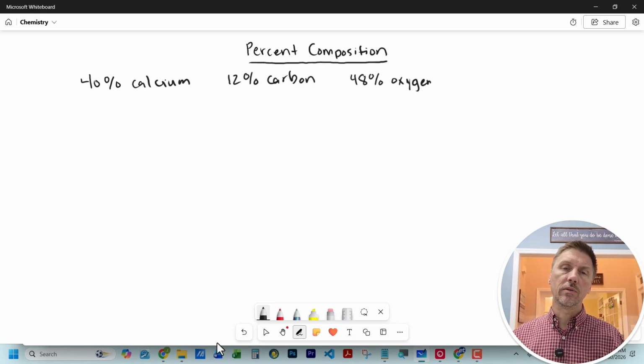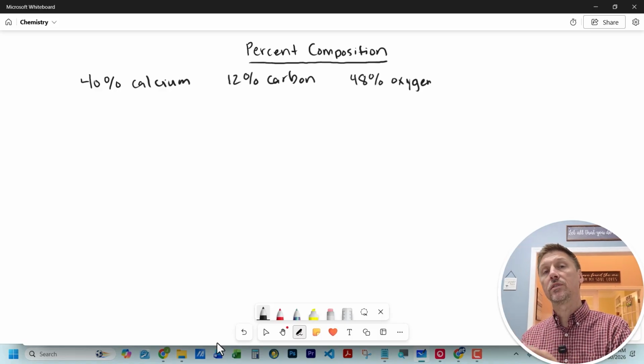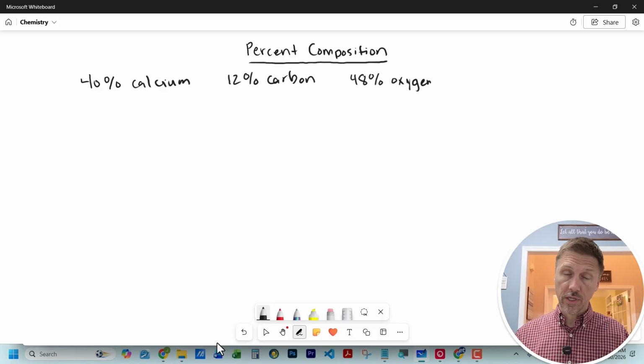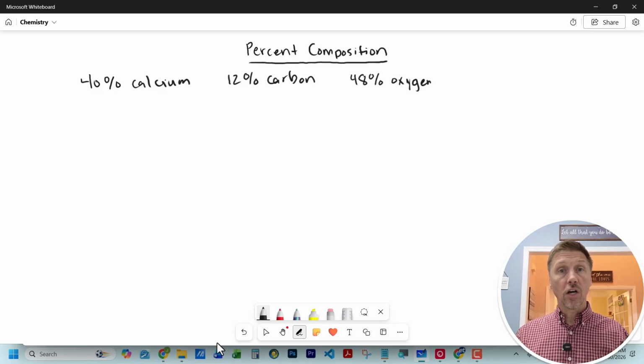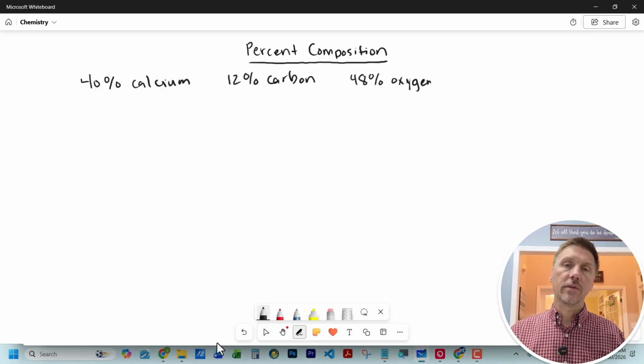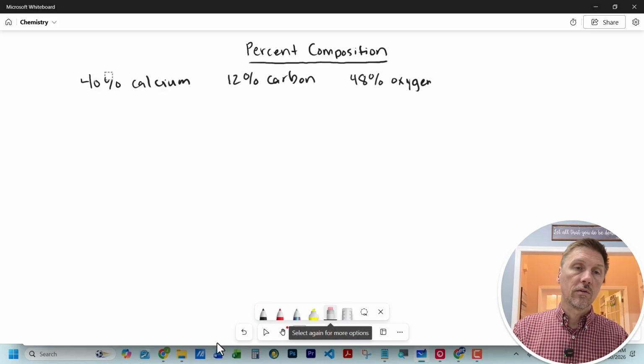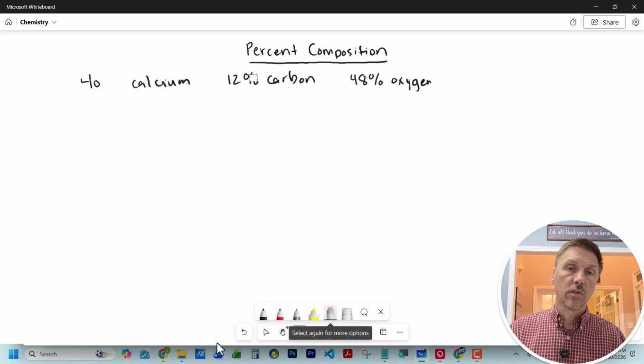All right, the easiest way to do this, obviously, if they're giving us the percentage of everything that's in the compound, all of these percentages should add up to 100%, right? And so what we're going to do is we're going to assume that we have 100 grams of this substance. And so if that's the mass of the amount of this substance that we have, then it would mean that we have not 40%, but we have 40 grams of calcium, 12 grams of carbon, and 48 grams of oxygen.